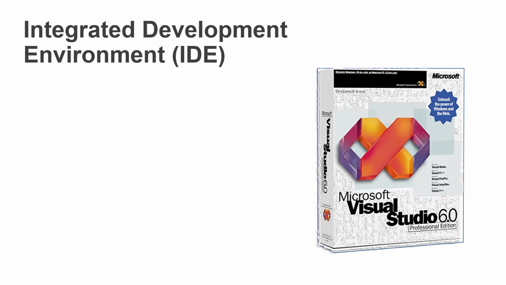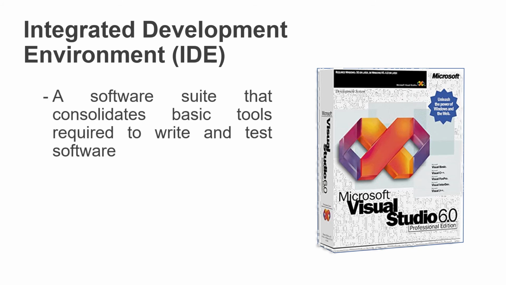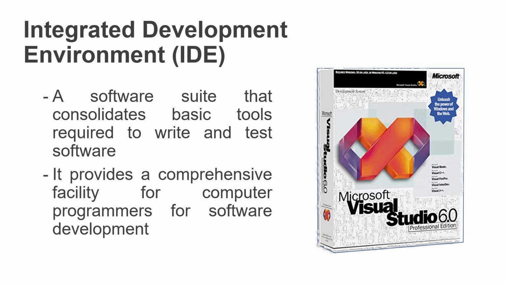The last type of program suite is the Integrated Development Environment, or the IDEs. IDEs are software suite that consolidates basic tools required to write and test software. This provides a comprehensive facility for computer programmers for software development.